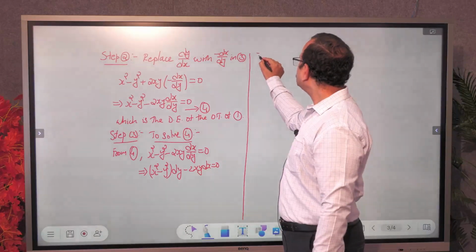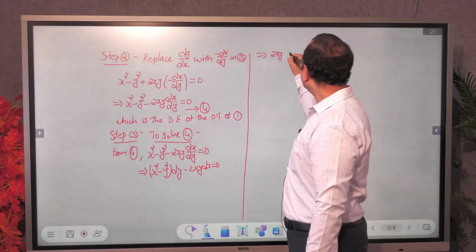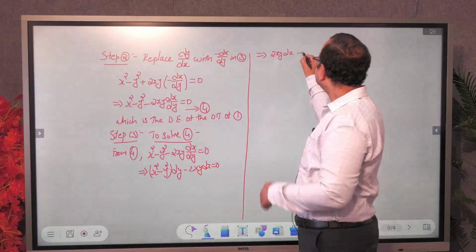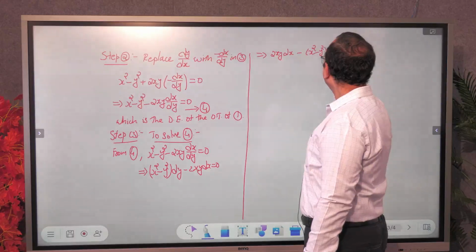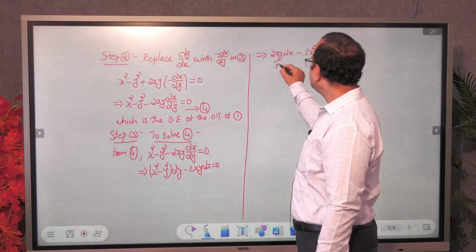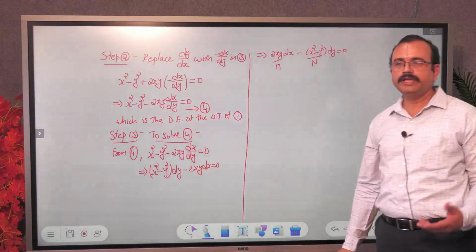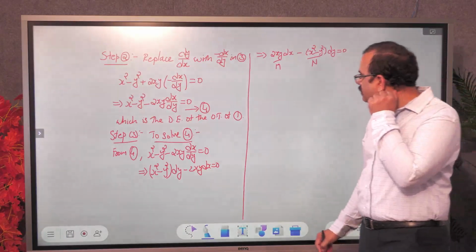Just multiply with the negative sign, then we can write it as 2xy dx minus (x square minus y square) dy is equal to 0. Let this be M and this be N, because it is in the form of M dx plus N dy is equal to 0. Now we will check whether it is exact or not.